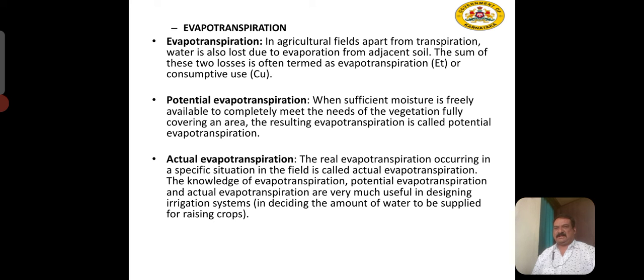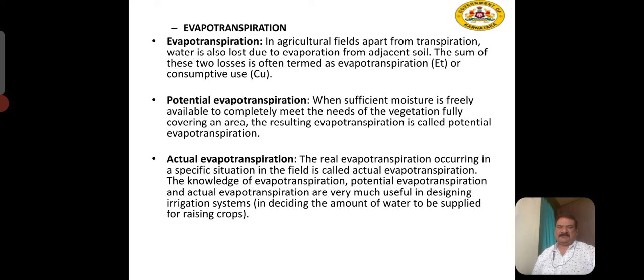It is denoted by capital E small t, or consumptive use, Cu. Potential evapotranspiration: when sufficient moisture is freely available to completely meet the needs of vegetation, fully covering an area, the resulting evapotranspiration is called potential evapotranspiration.